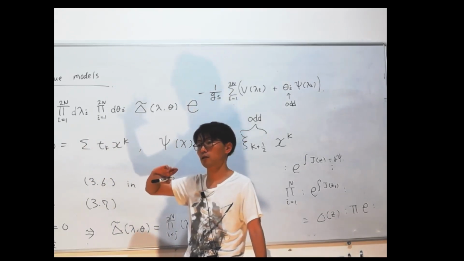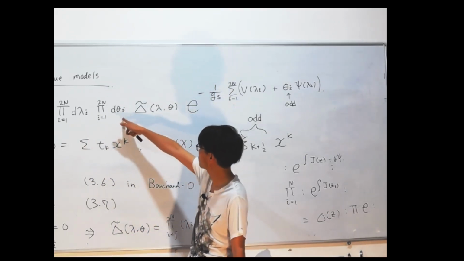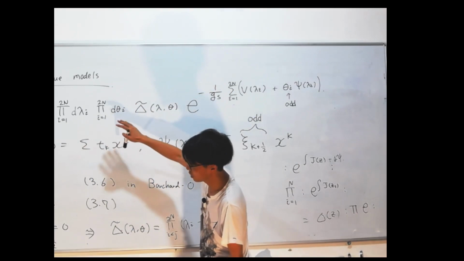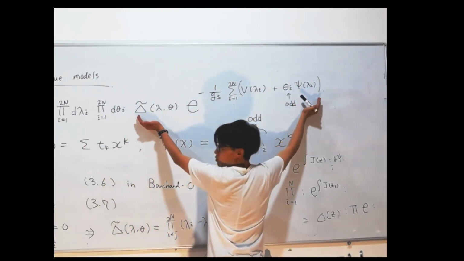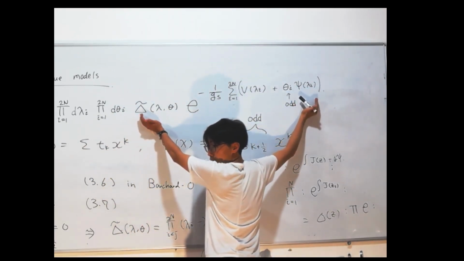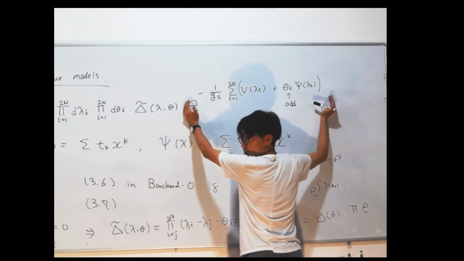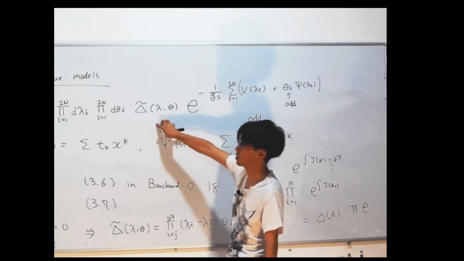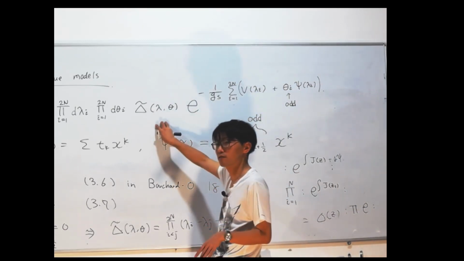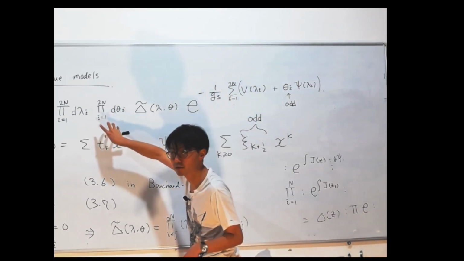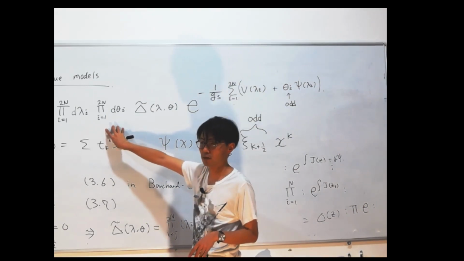But if it's 2n, we want to have this part to be even. This is again an ansatz, but it's a reasonable assumption that because this part is even from this construction, we assume this part is also, we want it to be even, then you have to have an even number of integrals.